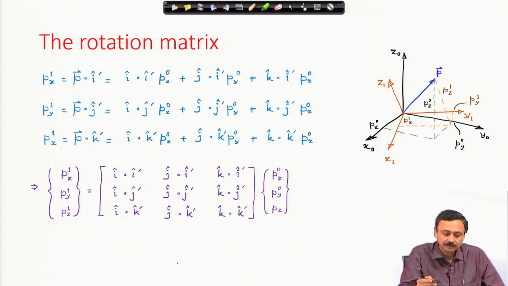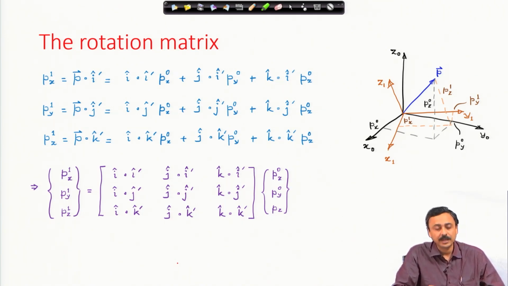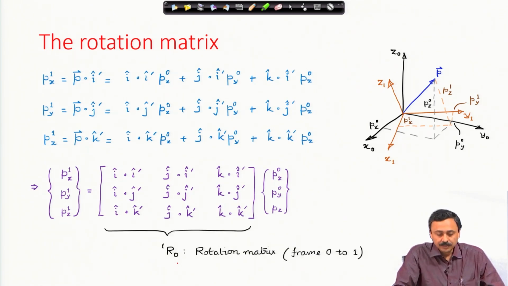Now, this matrix looks slightly different, because now I have taken dot product with i cap prime, j cap prime, k cap prime. Initially I had taken dot product with i cap, j cap, k cap. This matrix takes the representation of the vector in frame 0 to its equivalent representation in frame 1.